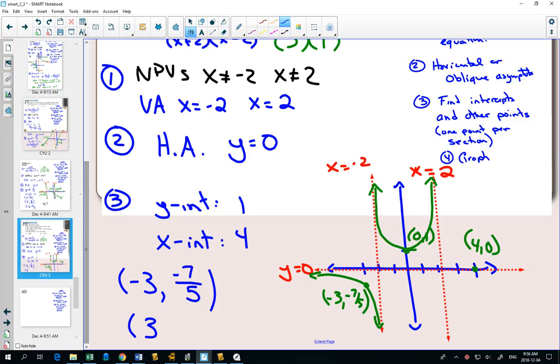So if I write that point down, negative 1/5, well, now I know this part has to go down like this.